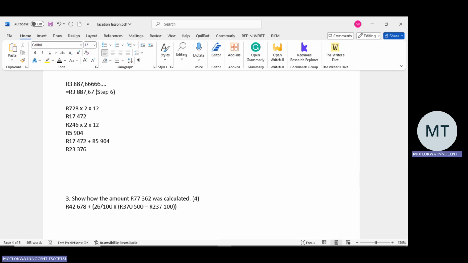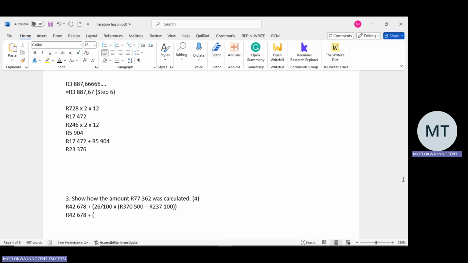Then we are going to apply the BODMAS rule. We are going to deal with the brackets first. Then we are also going to apply the method of bringing down. So we are going to bring down 42,678 plus, and we need to solve the bracket.